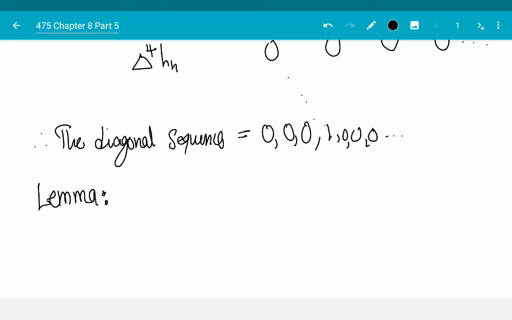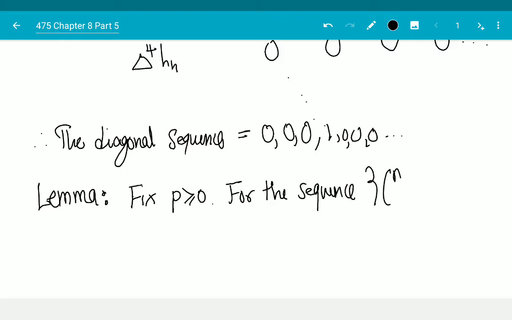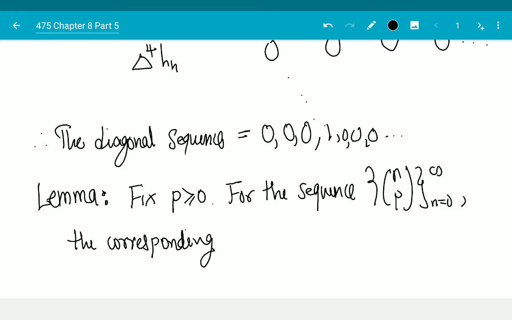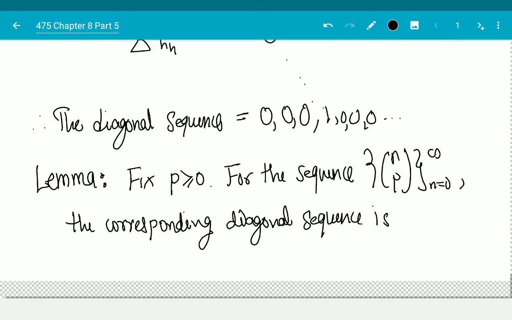Lemma. Fix any integer p greater than or equal to 0. For the sequence n choose p, n equal to 0 to infinity, the corresponding diagonal sequence is, let us try to guess.